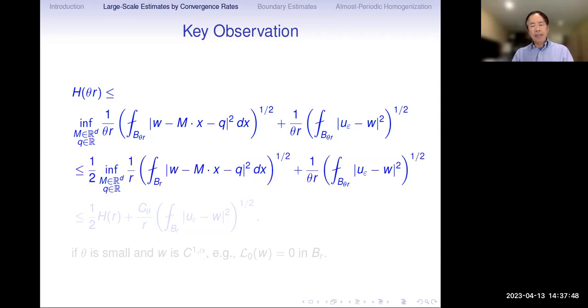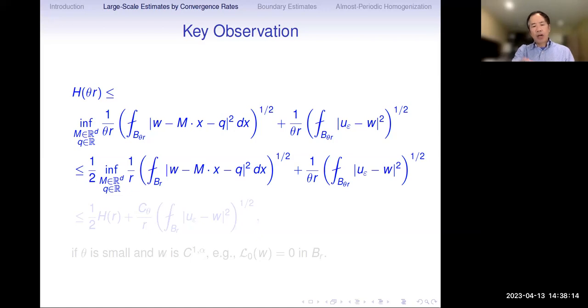In the next step, I'm assuming that this function W is very good and has all the regularities. In particular, let's say W has C1 alpha regularity. So I expect that when I measure the difference between W and its best approximation by a linear function, it decays in the right way.